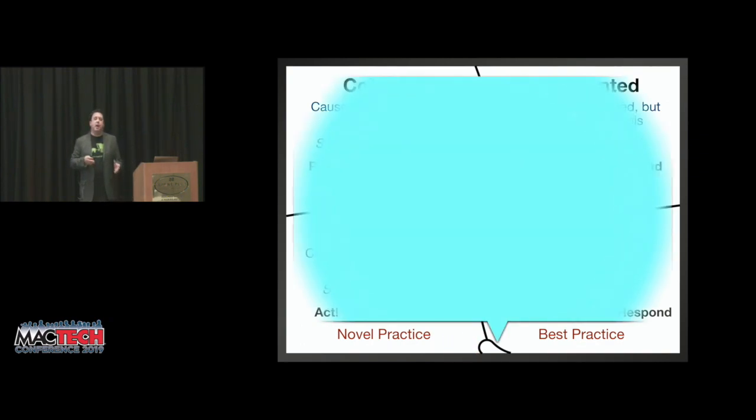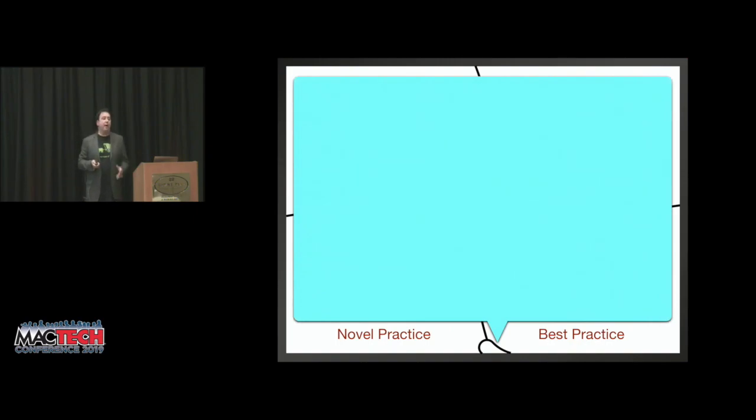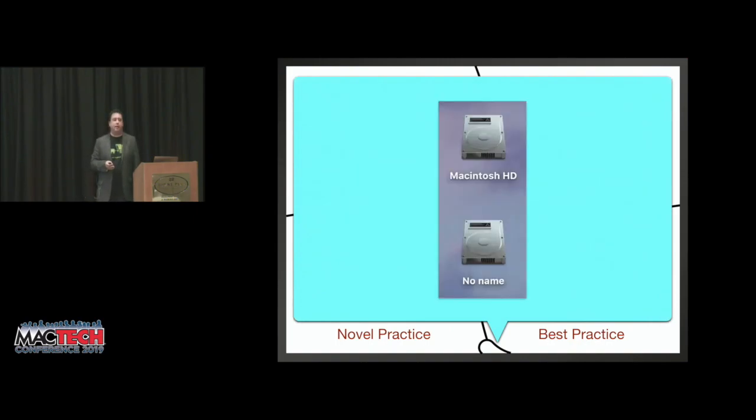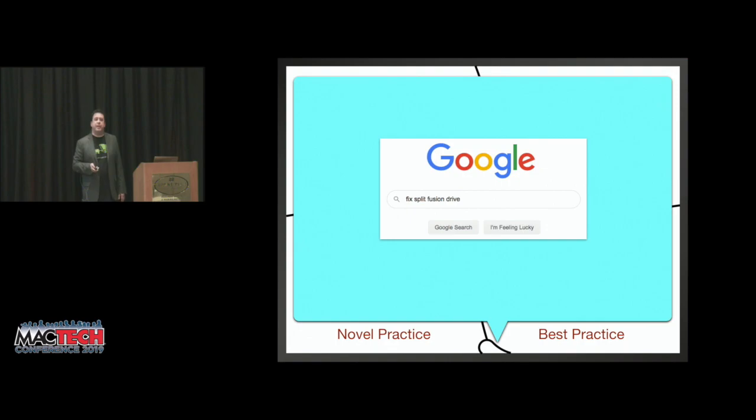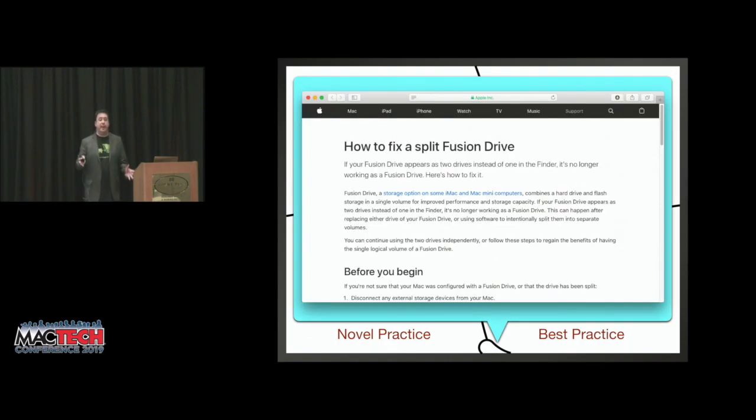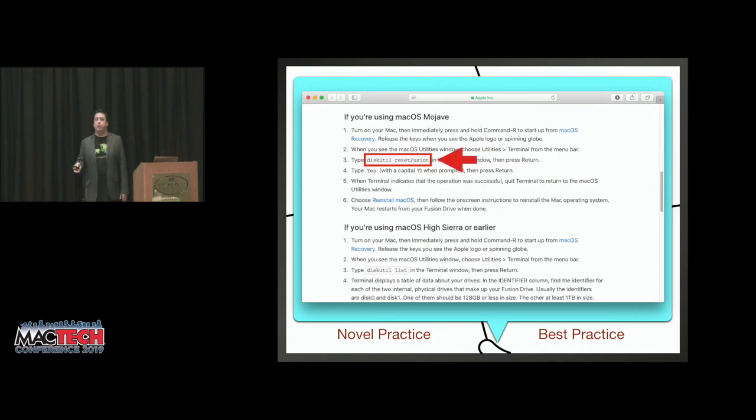For example, a Mac user asks, why are they seeing 2 drives on their iMac? And you determine it's because their Fusion Drive has gotten split. So you Google this, and you find an Apple support article titled, How to Fix a Split Fusion Drive. It looks very straightforward. All you have to do is run a one-line terminal command while rebooted into recovery mode.